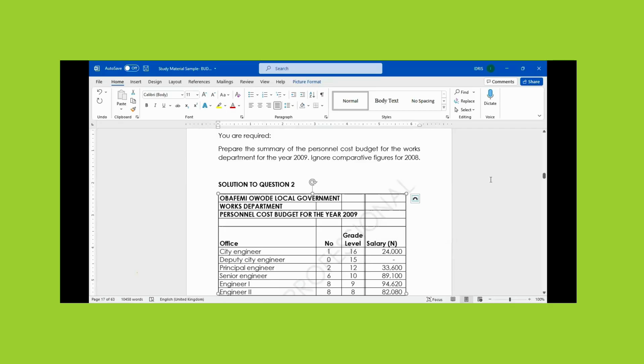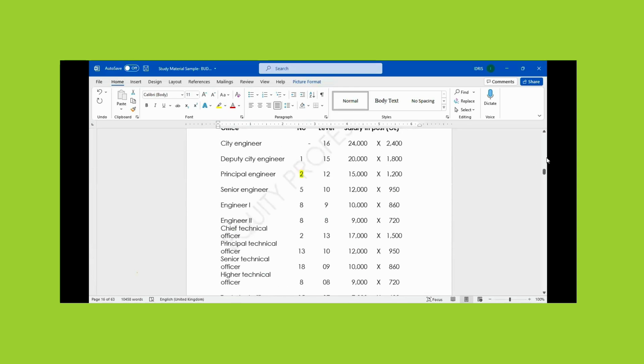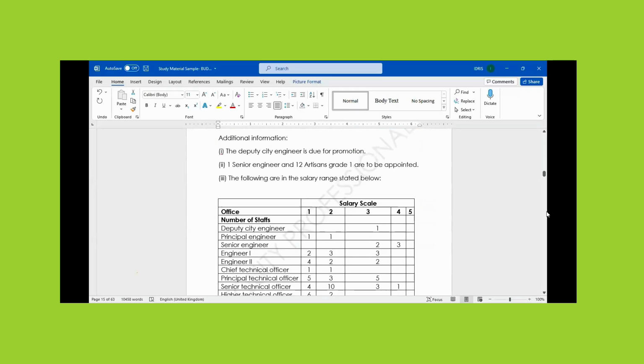We move to the next position, senior engineer. How many staff do we have in senior engineer? 5. But the additional information tells us another thing. Additional information 2 says they are going to appoint one.